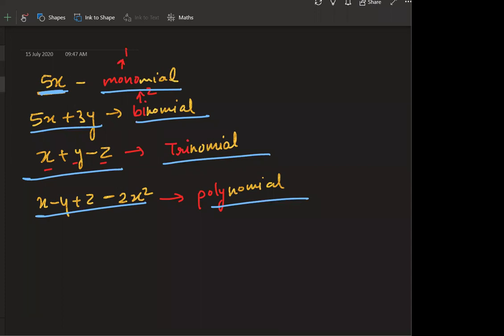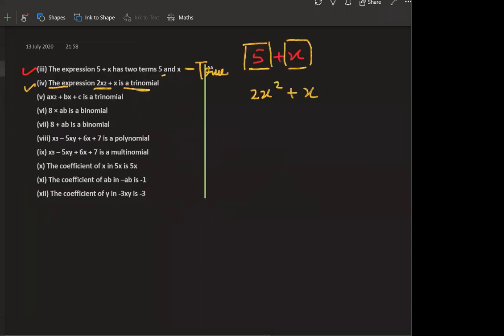Now let us understand this question. In the fourth part, the question says the expression 2x square plus x is a trinomial. So is it a trinomial? What do you think about it? No, this is not a trinomial.